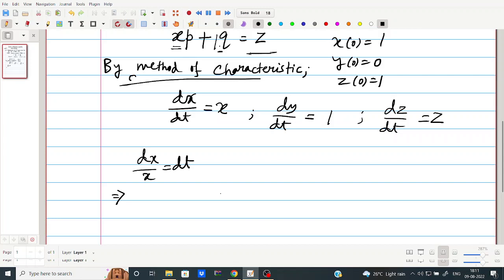My initial condition says x of 0 is 1, so 1 equal to c1, so c1 has the value 1, so x of t equals e power t.